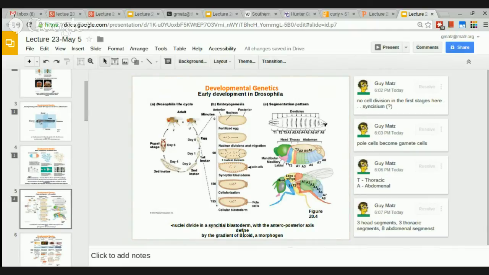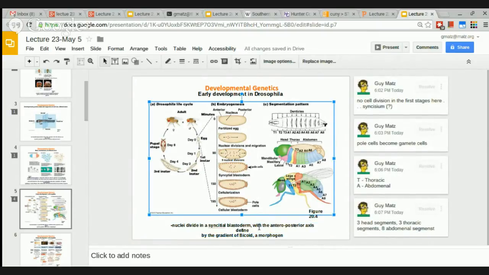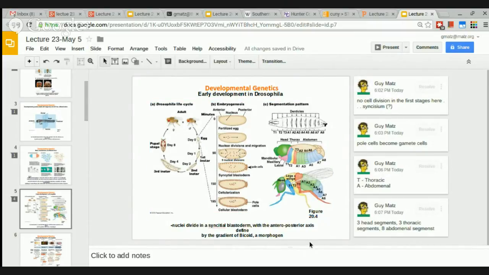So the nuclei divide in the syncytial blastoderm, and like I said, they share the cytoplasm, but qualitatively, at this point already, a nucleus that's in the anterior pole is experiencing a different concentration of the morphogen than cells that are in the posterior pole. So you see, it's very quick. And that morphogen is called bicoid.